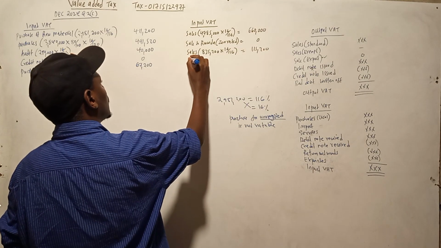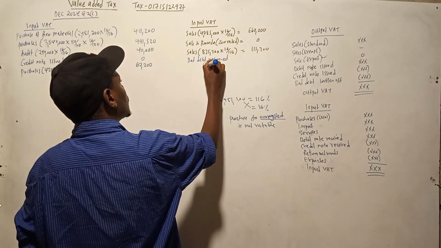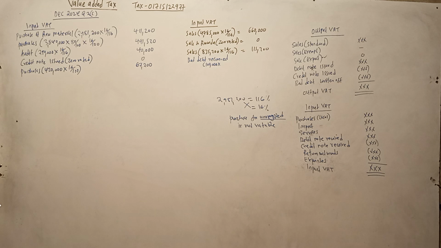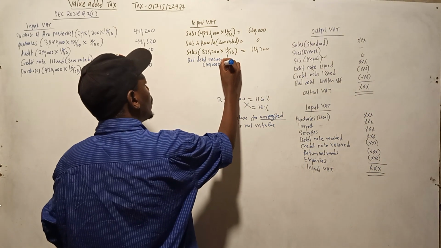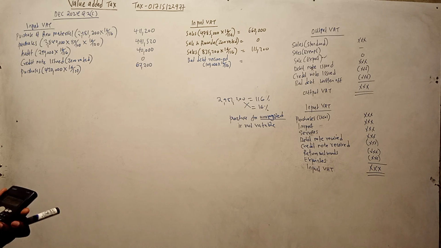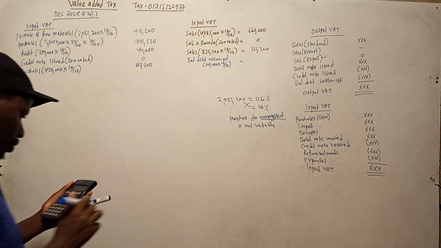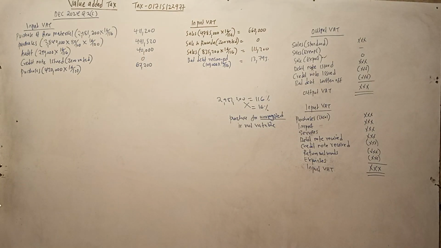So debt recovered, 100,000 times 16 over 116, which is 13,793.